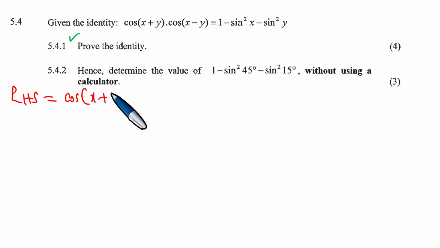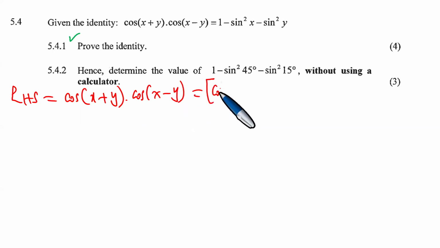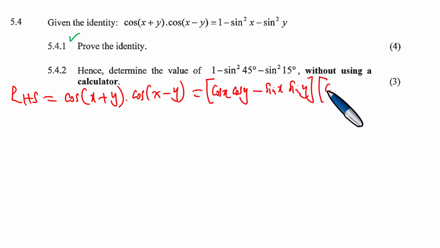So we have the cosine of x plus y, the cosine of x minus y, which is cosine x, cosine y, minus sine x, sine y. And this is cosine x, cosine y, plus sine x, sine y.